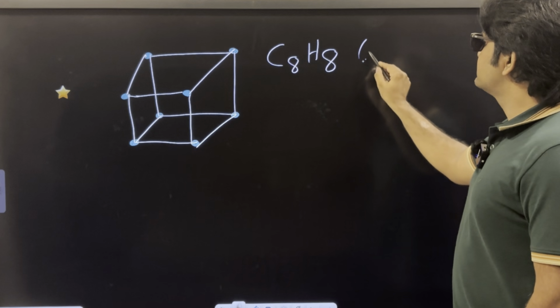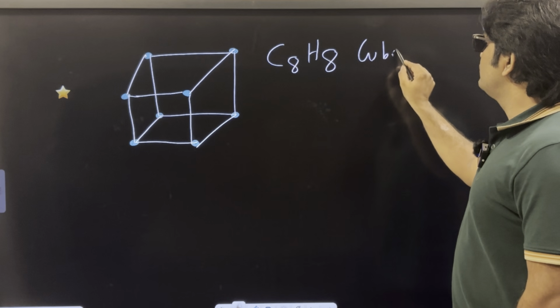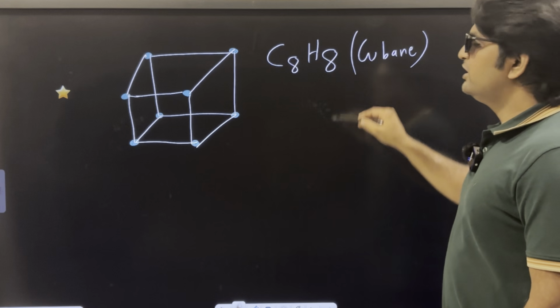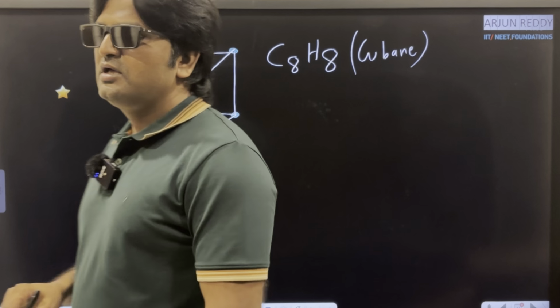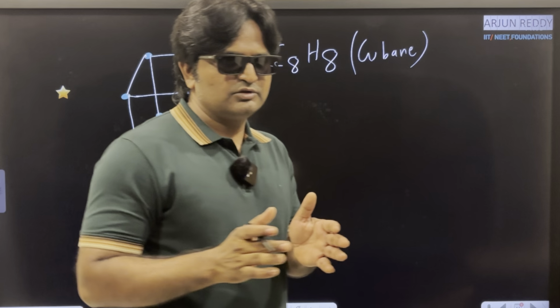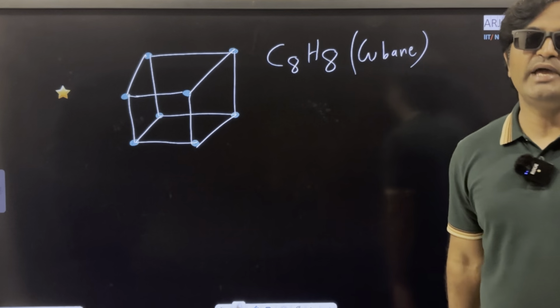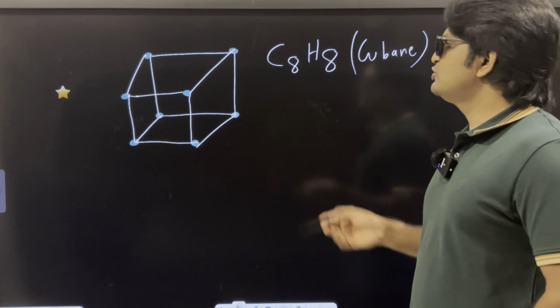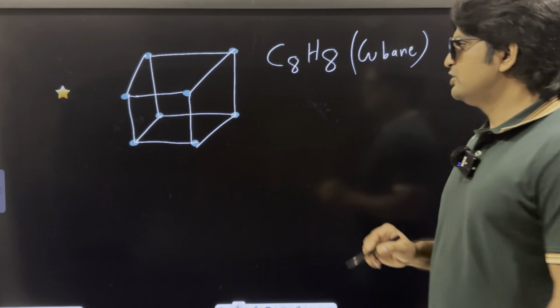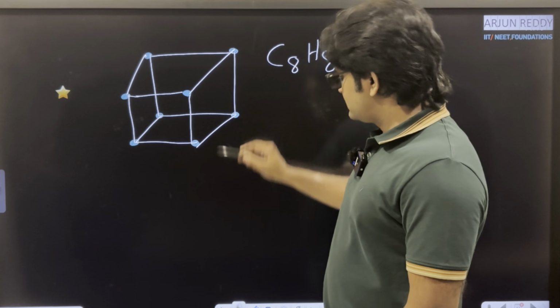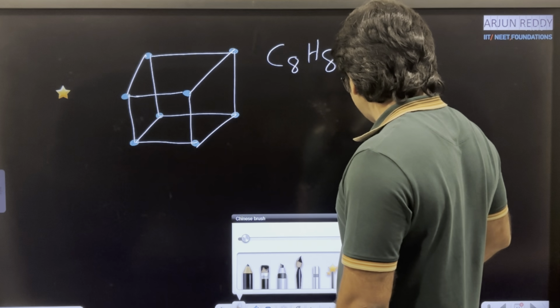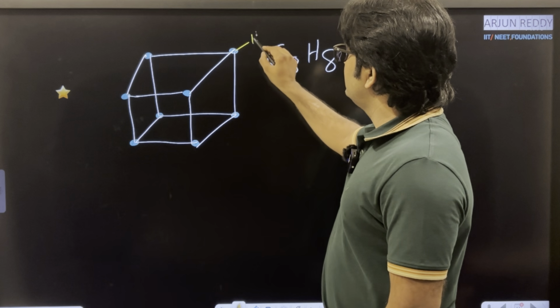What is the name of this molecule? This is called cubane. In solid state, we take it as a cube. In mathematics also it is a cube, but in chemistry it is known as cubane. C8H8, cubane. Now on each carbon atom, how many hydrogen atoms should be present? Only one hydrogen.